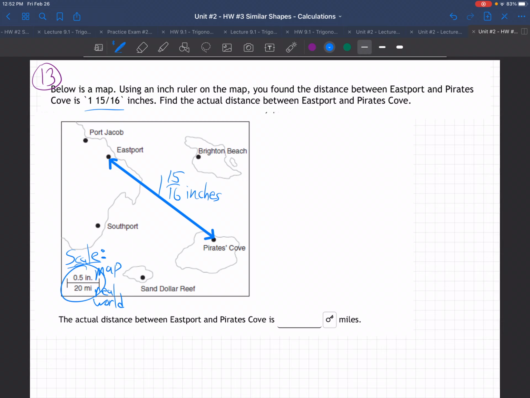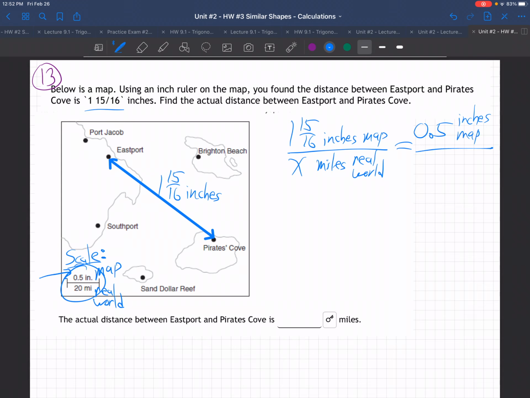Well, I'm going to go 1 15/16 inches on the map over X, let's say, miles in the real world, equals 0.5 inches on the map, which I'm getting right here, over 20 miles in the real world.